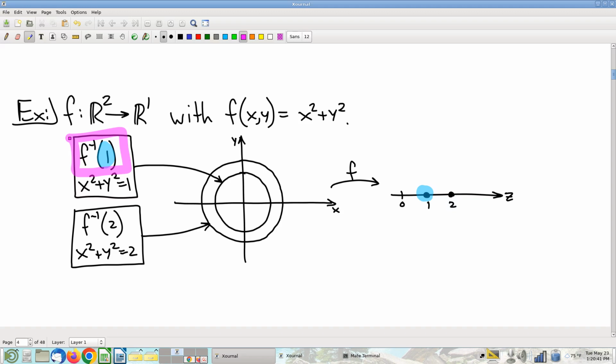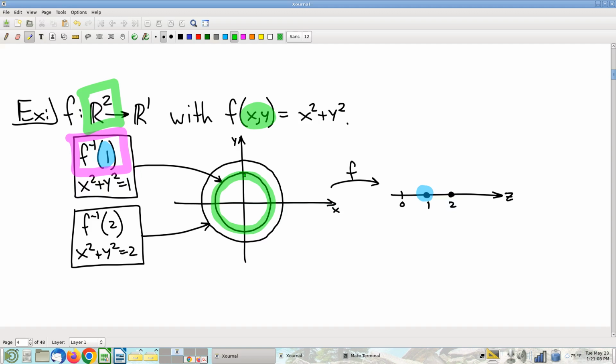What is the pre-image of 1? What is the collection of all inputs in the domain which, when you plug them into this function, give you 1? Well, I need x squared plus y squared to be 1. And that's this circle here. Everybody cool?